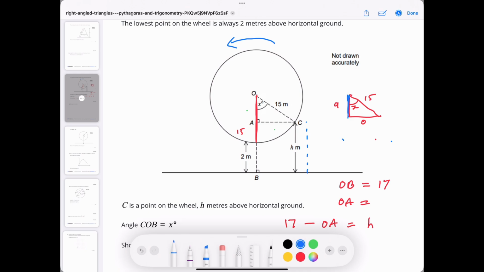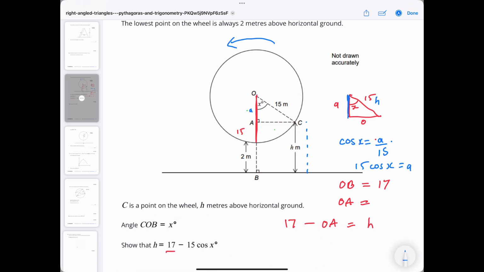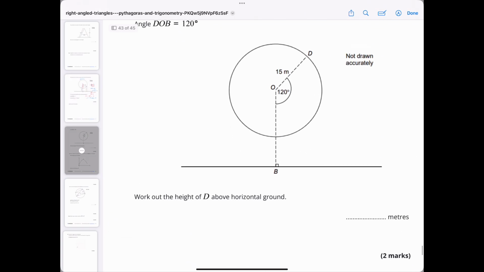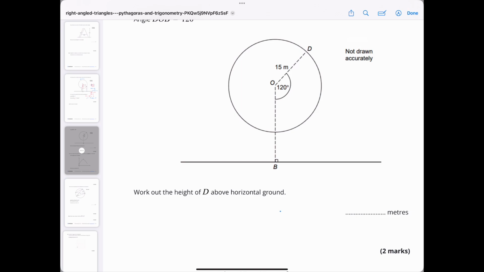That would be cos, because cos of X equals A over 15, so 15 cos X equals A, which is OA. So 17 minus 15 cos X equals H. Okay, that's that first bit done. D is a point on the wheel. Work out the height of D above horizontal ground.